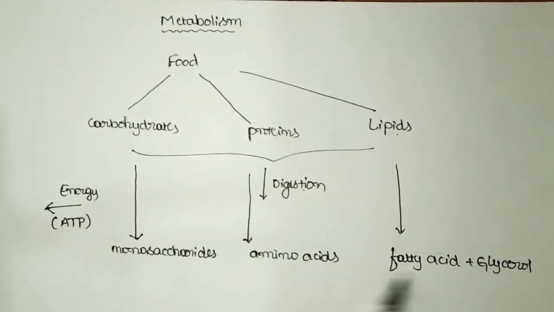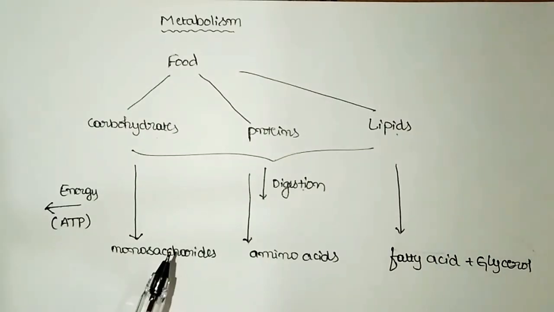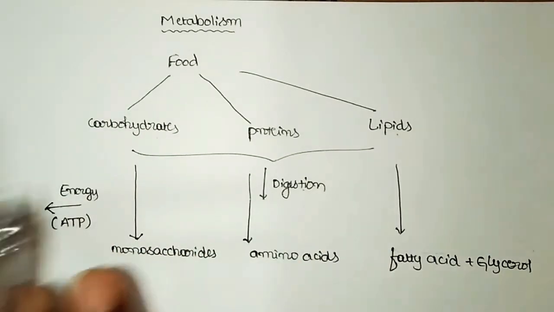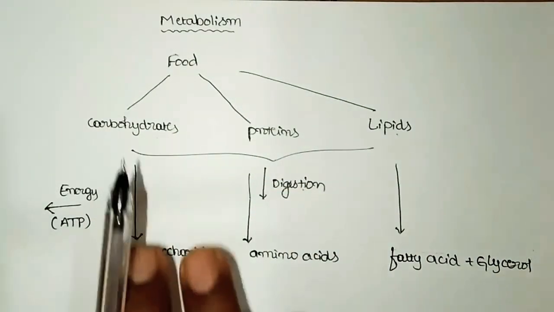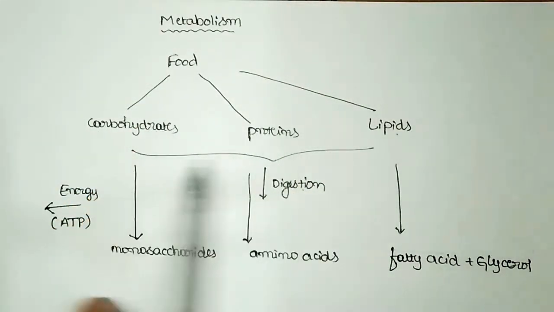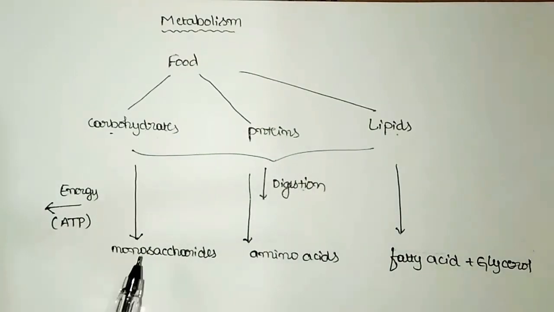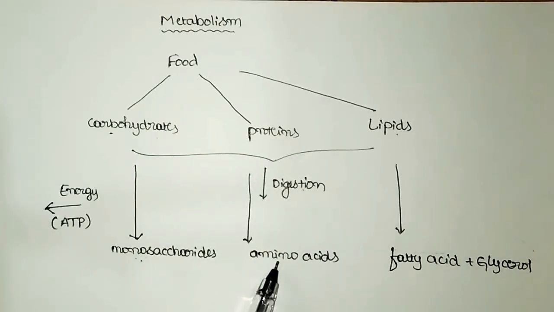And once these complex nutrient molecules break down to give these simpler units, these simpler units finally form a common precursor material, and by using that precursor material in the body, the simpler units produced from the complex nutrient molecules will once again convert into nutrient molecules, but not the same carbohydrate which produced the monosaccharide, not the same protein from which the amino acids were produced.